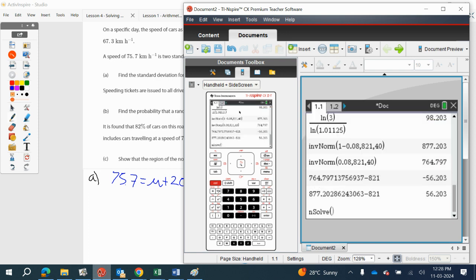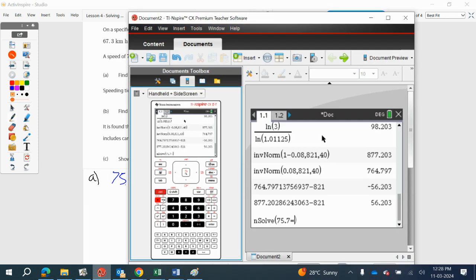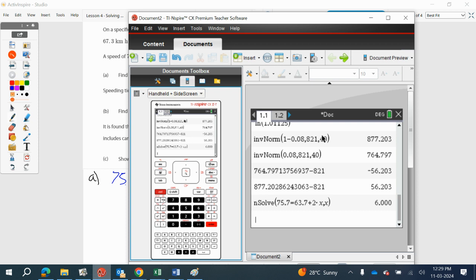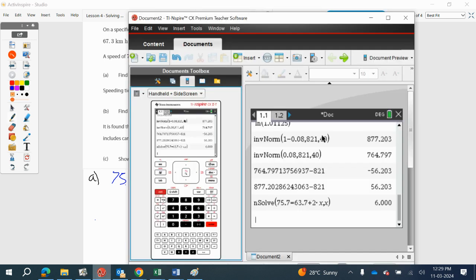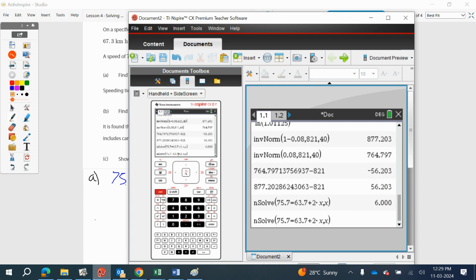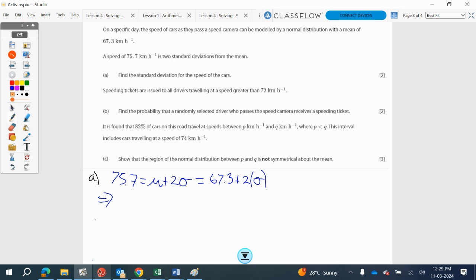We want 75.7 to equal 63.3 plus 2 times x. Solve for x. So we get 6. Should be 6. Did I type it in wrong? I typed 0.7, not 0.6.3. This gives us the standard deviation is 6.2.